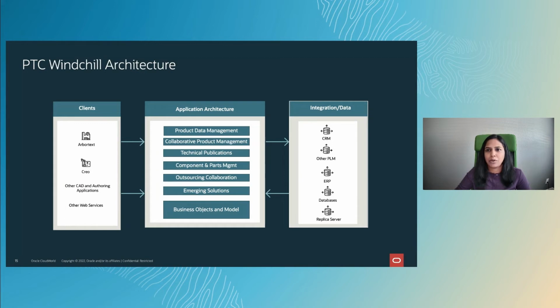This can be done on OCI, or the customer can continue to work with their existing content delivery network provider for this requirement. The file vault is a very critical part of PTC Windchill that stores and houses some of the large CAD drawings, which are large in volume, as well as usually very big.